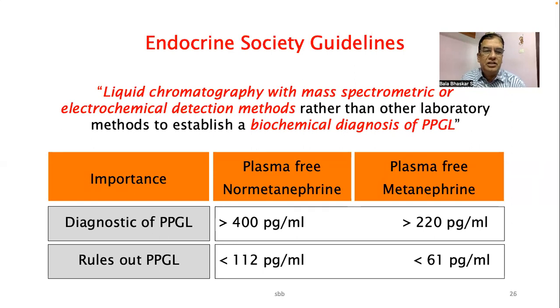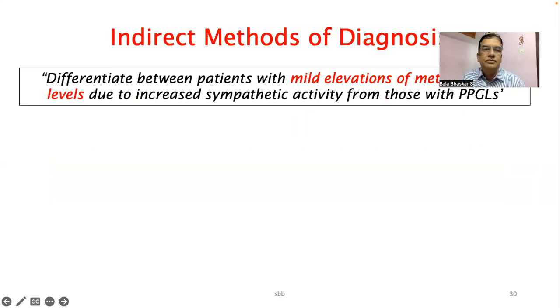So, in fact, these are the different levels of plasma-free metanephrine and normetanephrine you can see here, for diagnosis of pheochromocytoma and paragangliomas and to rule them out. Values above 400 picograms per ml are diagnostic in terms of free normetanephrine. And if it is less than 112 picograms per ml, it rules out PPGL.